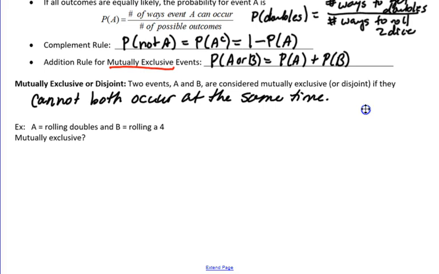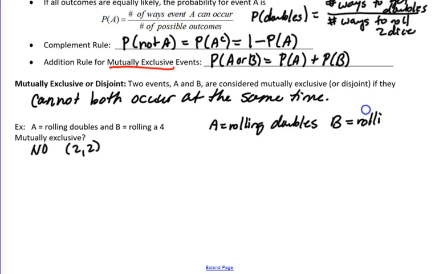So, for example, are rolling doubles and rolling a 4 mutually exclusive? Well, the answer is no, because there is one outcome that they have in common. 2, 2 is rolling doubles and rolling a 4. Okay? An example that would be mutually exclusive, however, would be if A equals rolling doubles and B equals rolling a 7.